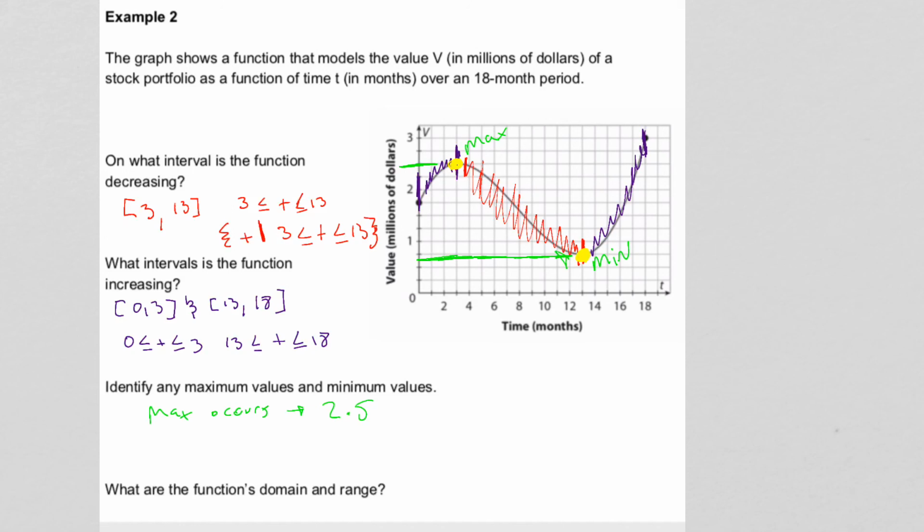That looks to me like 0.75. The min occurs, I can't spell. Min.